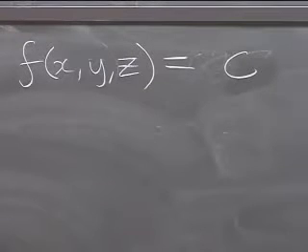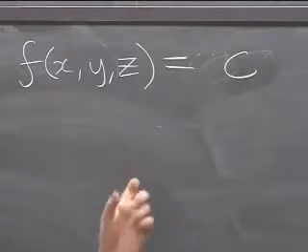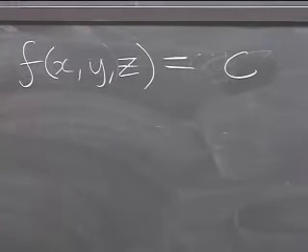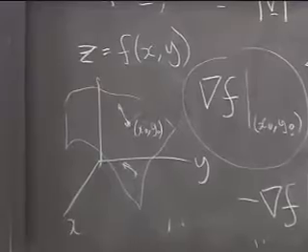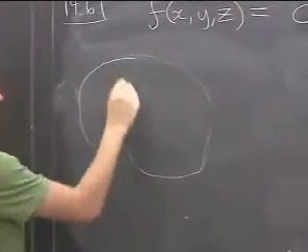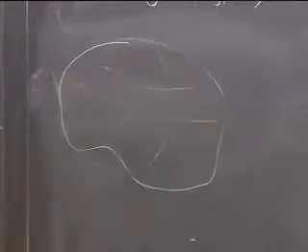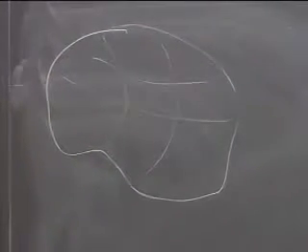They don't need to be all the same shape. They can change shape, but that's what the level surfaces are. So for one particular value of c, you get some surface that need not be a function like it was in this case here. You could get some sphere or ellipsoid or any of the things that we looked at, or something more exotic. So it's just some surface in space. Doesn't have to be closed. Could be a hyperboloid, anything like that.